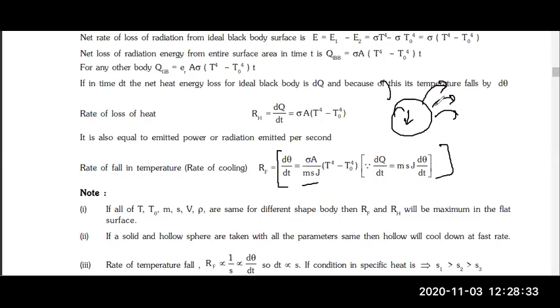Not Newton's law of cooling actually. Newton's law of cooling is about the comparative difference. We'll see that also, but it is basically the cooling of the substance when it is radiating heat. It depends on the problem. If it is given in the problem, then you can use it, otherwise you can just leave it. Got it?